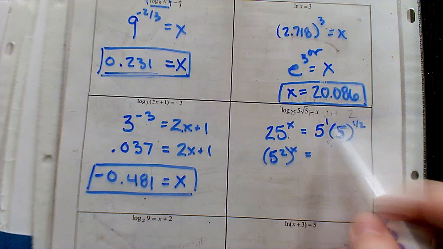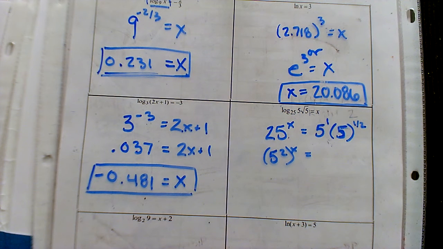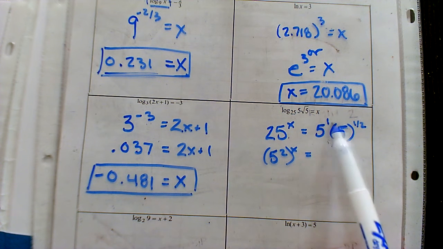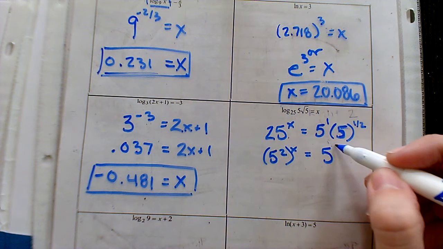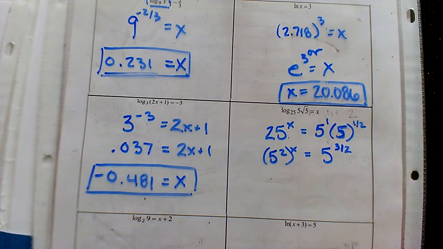Now the first 5 has a power of 1, kind of an understood 1, and the second 5 has a power of 1/2. If you're multiplying the same base together, what do you do with the powers? Think about your exponent properties. You add them. Okay, so 1 plus 1/2 would be 1.5, or as a fraction, 3/2.